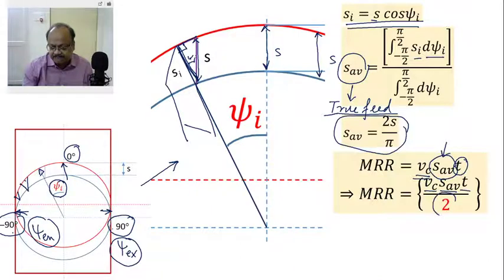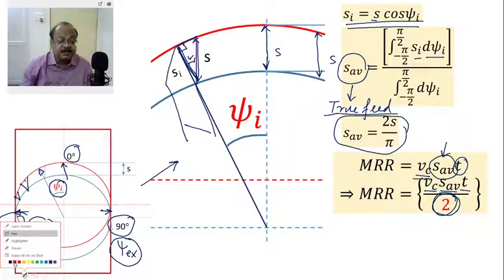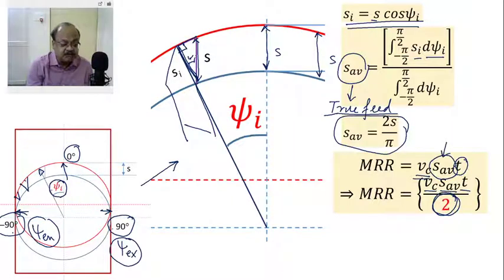But for my convenience, I have introduced a 2 over here. Why is it so? Because a cutting edge which starts to cut at this particular location and ends the cut at this particular location, when it is moving in this direction, is not removing any material. So out of its 360 degree rotation, only for 180 degree it is cutting.